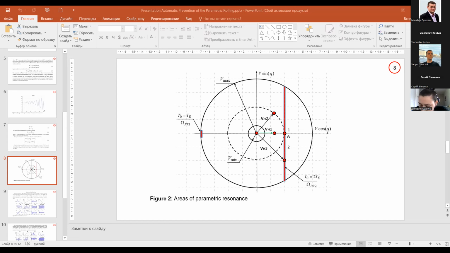When maneuvering the course, speed vector VH2, the phase point A moves along the circle depicted by the dashed line. In this case, the time the phase point stays in the resonance zone is significantly reduced. The optimal speed maneuver, speed vector VH1, is when the phase point moves along the axis V cosine Q and is removed from the resonance zone by the shortest path.